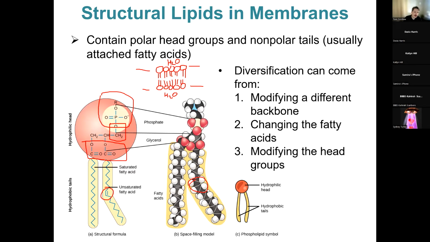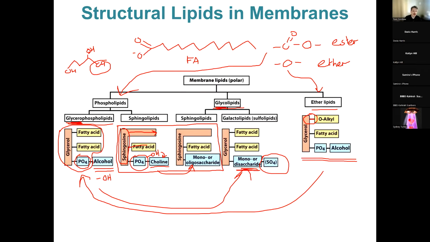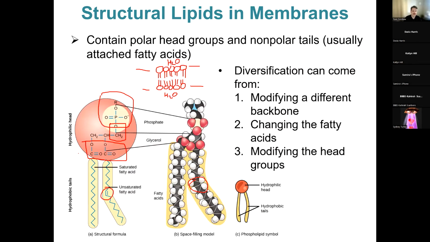And remember, I was talking about the alcohol of the phosphate group down here. Well, this is here. So this would be OH, but it's being shown as R to reflect the fact that something can go on there.